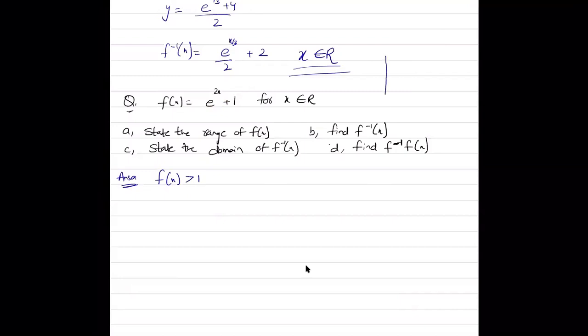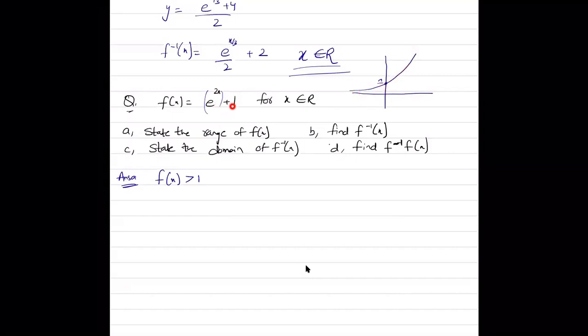But let's say if you did not have to refer to your notes, this is how I would have thought. e to the power of 2x is going to look something like this, and this would pass through 1, and the entire graph would be above 0. So for just e to the power of 2x, my range is f of x greater than 0 because the entire graph lies above the x-axis.